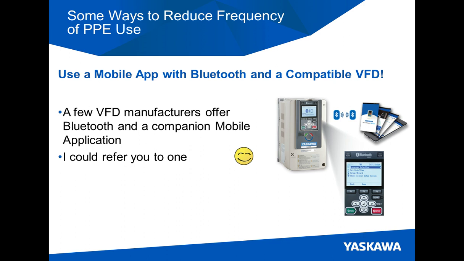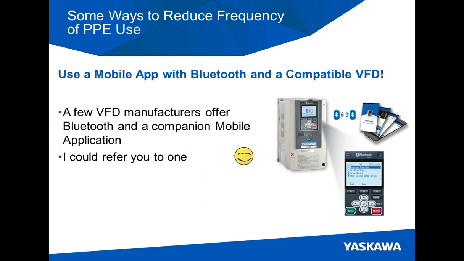We could use a mobile app with Bluetooth from a manufacturer that provides that. And I've even had some experience in the field, even if the keypad, which in the case of this one manufacturer actually contains the Bluetooth transmitter, is inside the enclosure, you're still able to access.